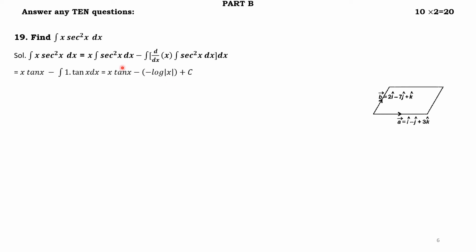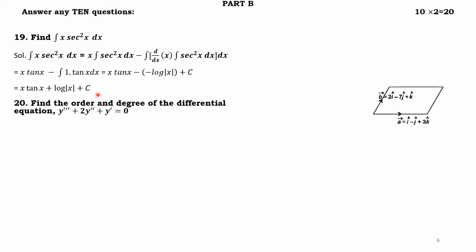That is equal to x tan x minus integral 1 into tan x dx, since the integral of secant squared x is tan x. That is equal to x tan x minus integral of tan x dx, which is minus log of mod x... so that is equal to x tan x plus log of mod x plus c. That is the answer. You have to remember this.